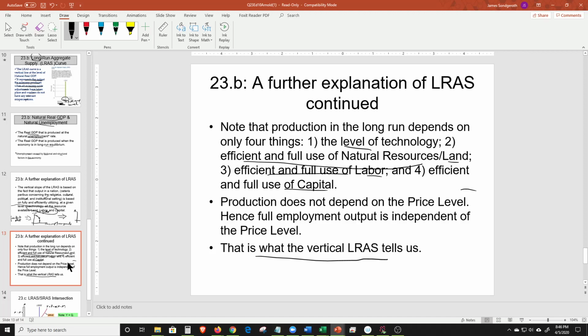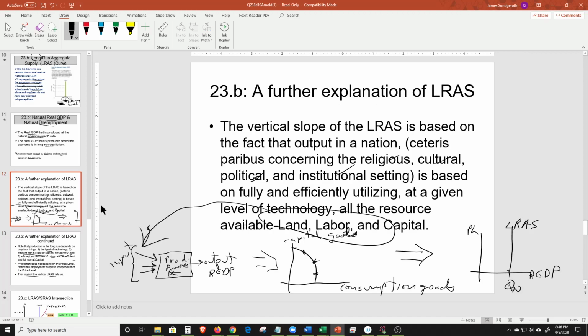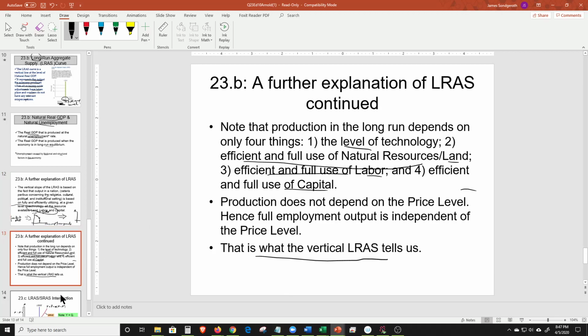And basically, vertical lines just say that whatever is measured on this horizontal axis is independent of what's on the vertical axis here. So how much is being produced is completely independent from the price level. That's what the long-run aggregate supply curve is telling us, okay?